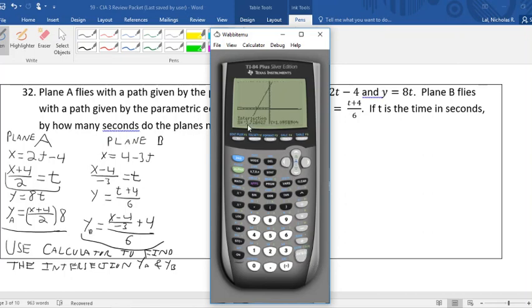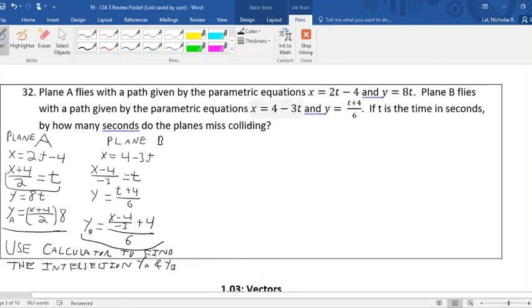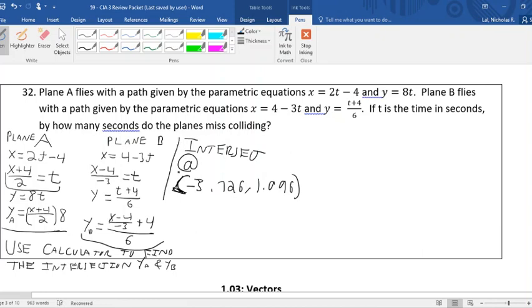So we have an intersection at negative 3.726 and 1.096. So that's when we intersect.